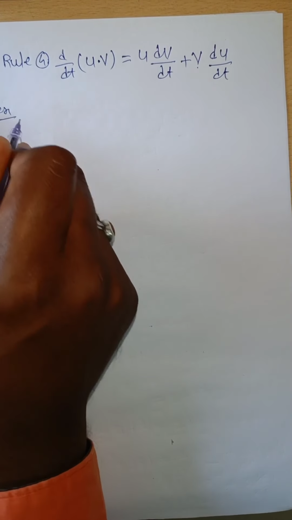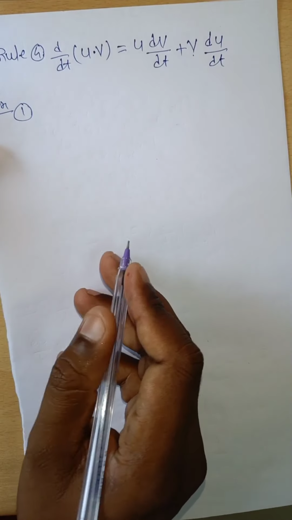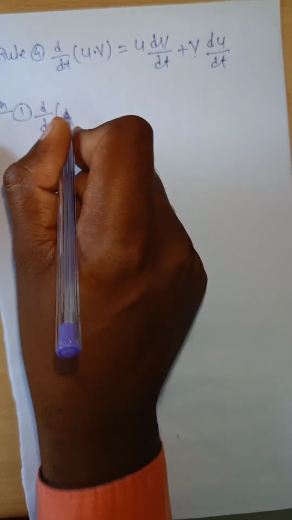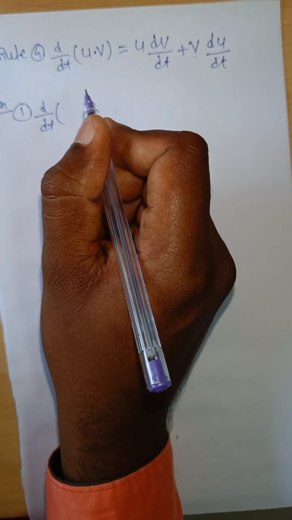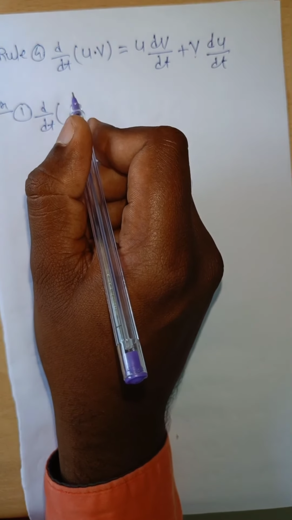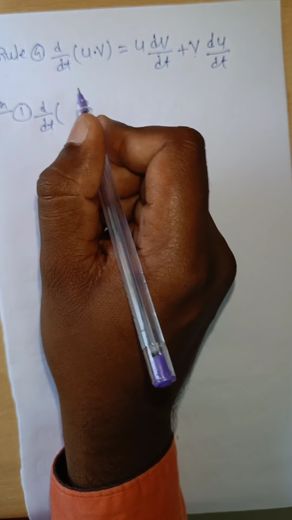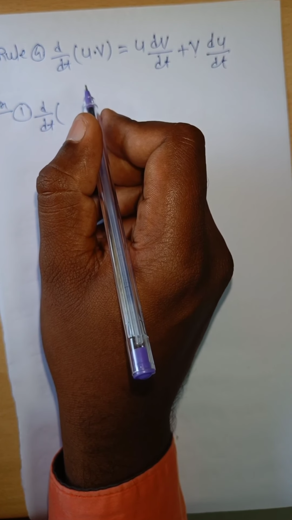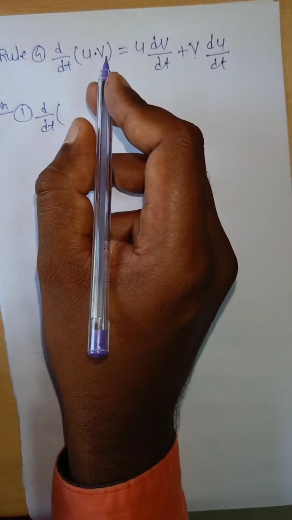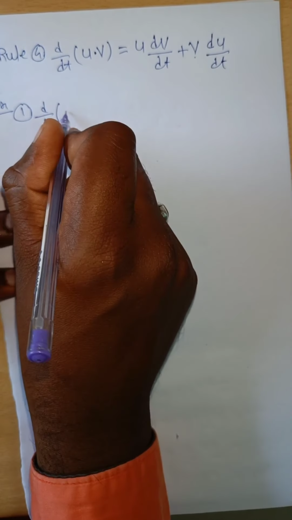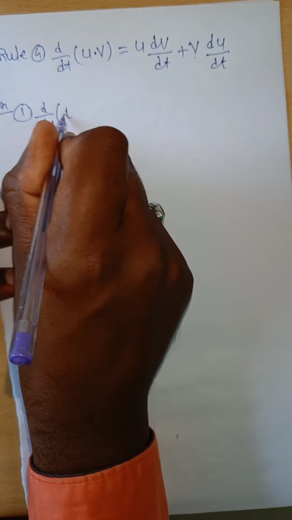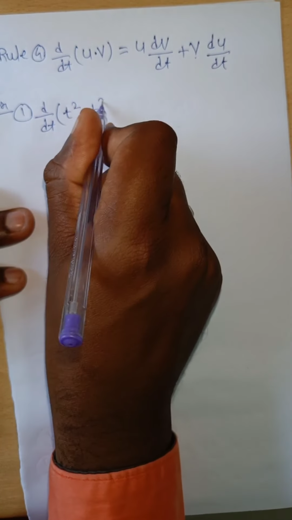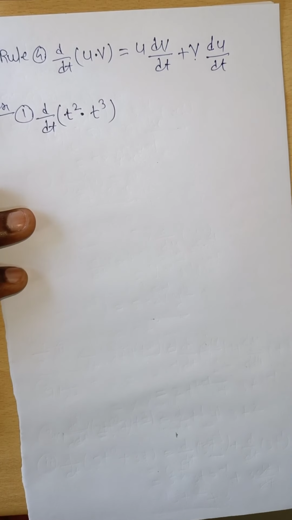Now for example, we take the first function as t square, and suppose the second function as t cube.